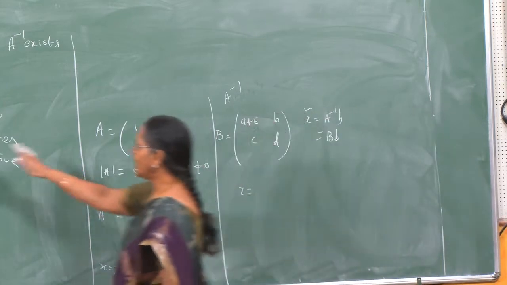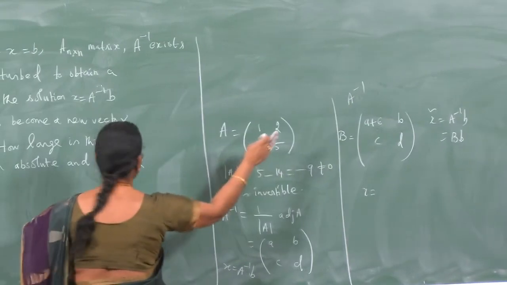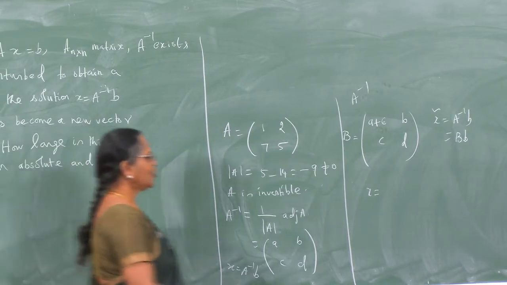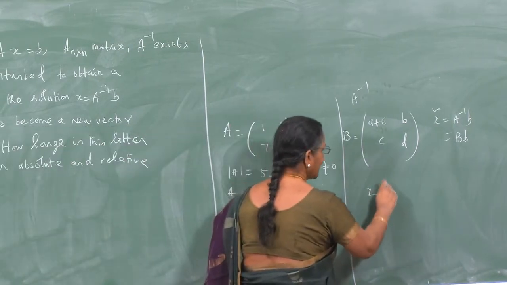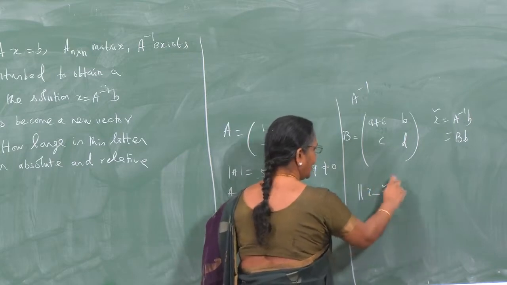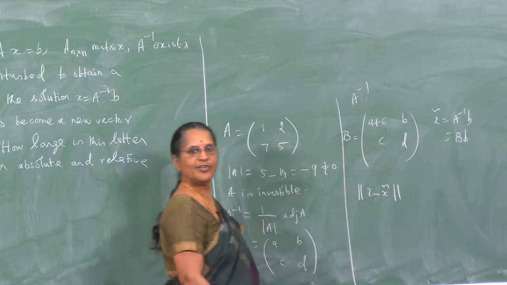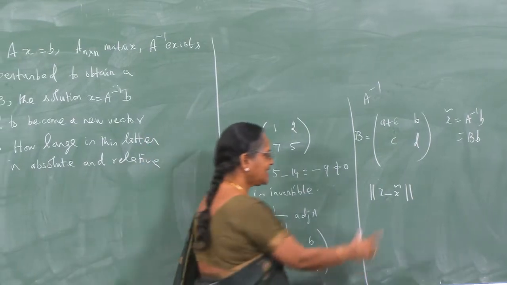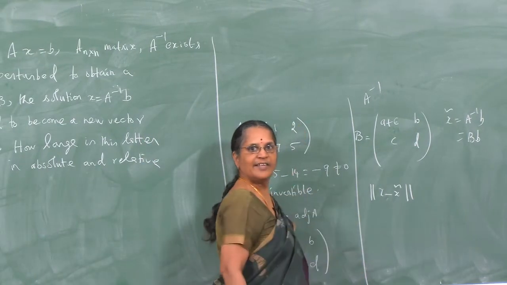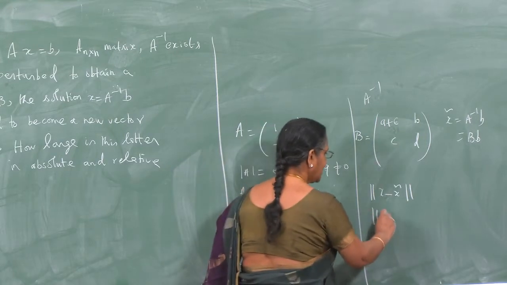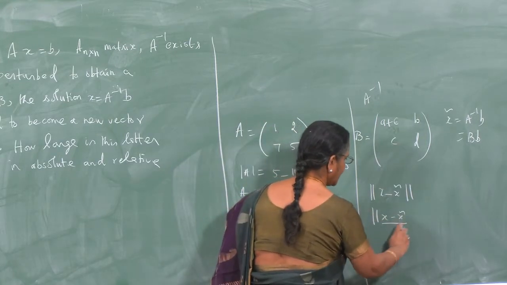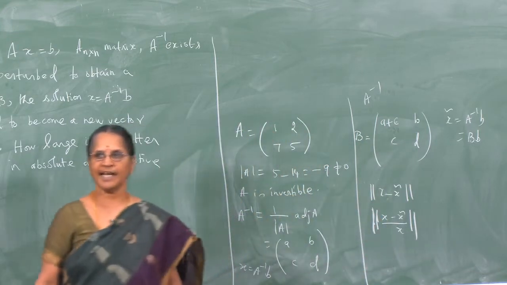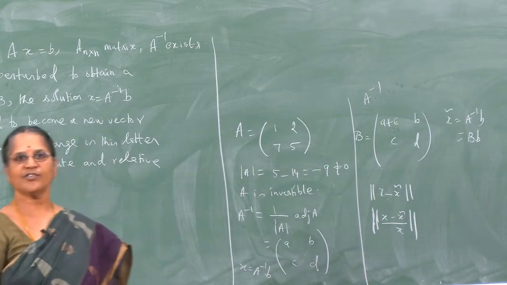So, how large is this change in absolute and relative terms? Compute x minus x tilde and its magnitude, that is going to give me the change in absolute terms, or in relative terms I am going to get the norm of this vector x minus x tilde divided by the norm of x. So, this is what we are asked to work out.